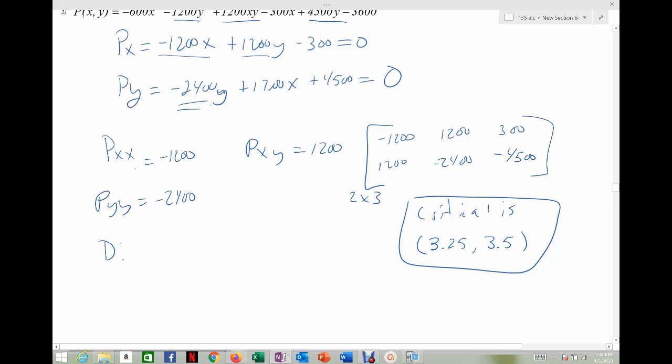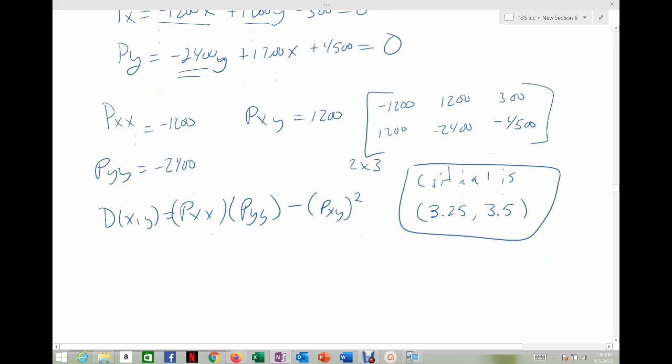Then I plug them into my d formula. I'm going to write it out. Second derivative with respect to x times the second derivative with respect to y minus my mixed derivative. But don't forget, it's the mixed derivative squared. And again, these are just numbers when it's this case, because I just got numbers when I took my second derivative.